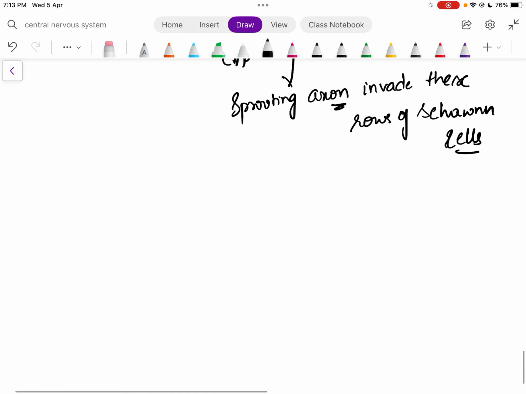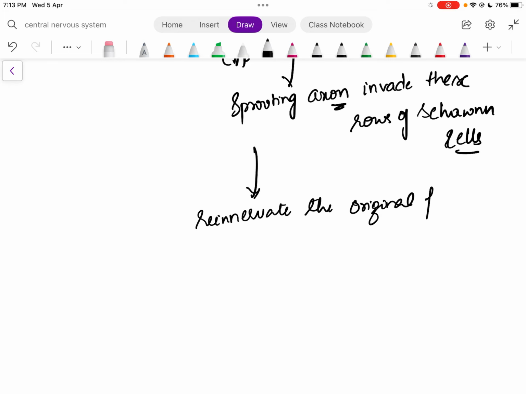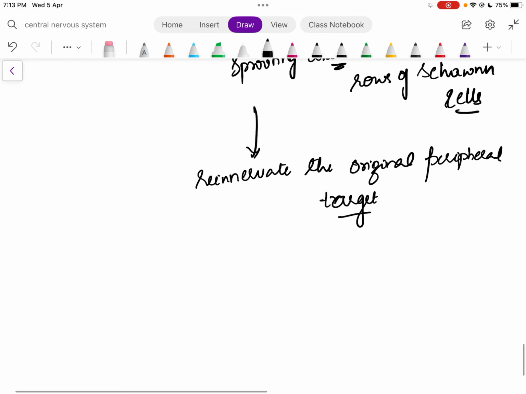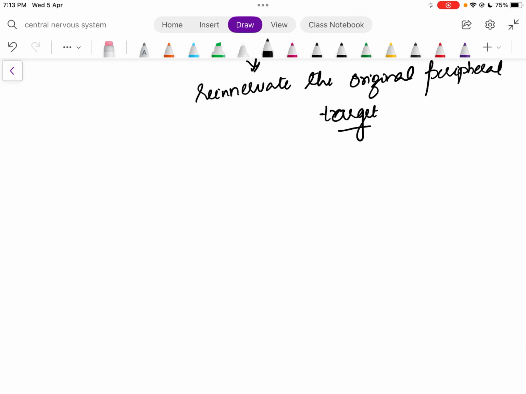They invade that, and they will re-innervate the original peripheral target. They'll go up to the synaptic area, and they will resume the functions. And these Schwann cells will remyelinate axons.